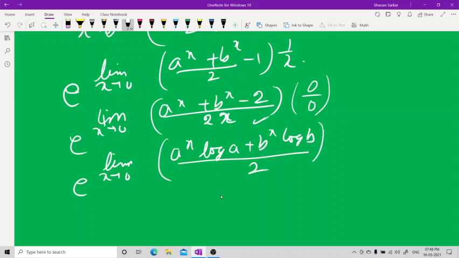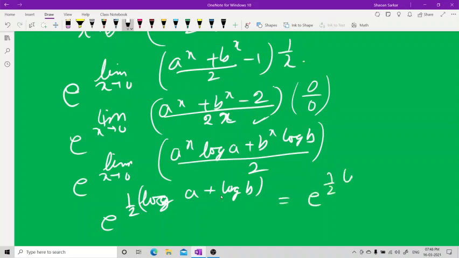Now taking the limits, it is half of log a plus log b. That is e to the power of half log ab, by the formula of log a plus log b. This is e to the power of log ab to the power of half. Now this log and e go off. This is ab to the power of half.